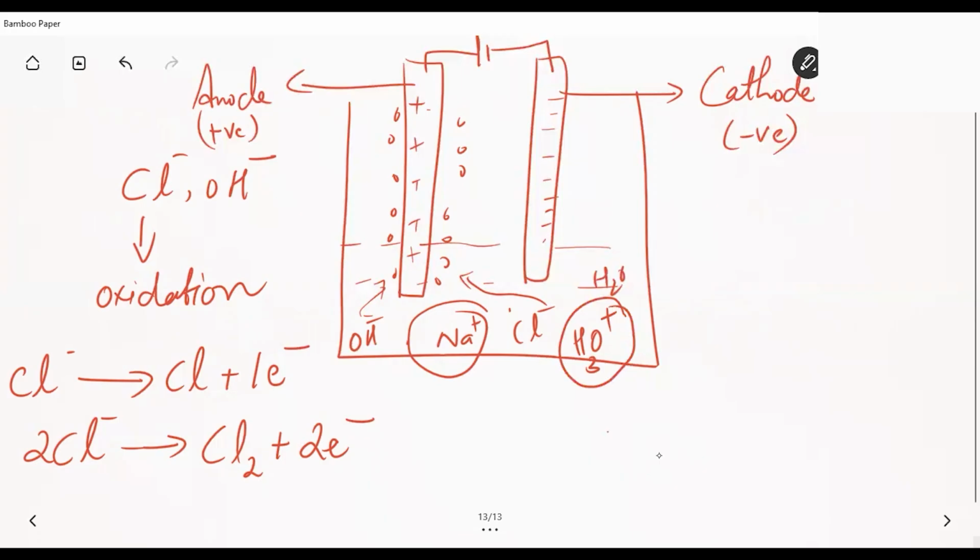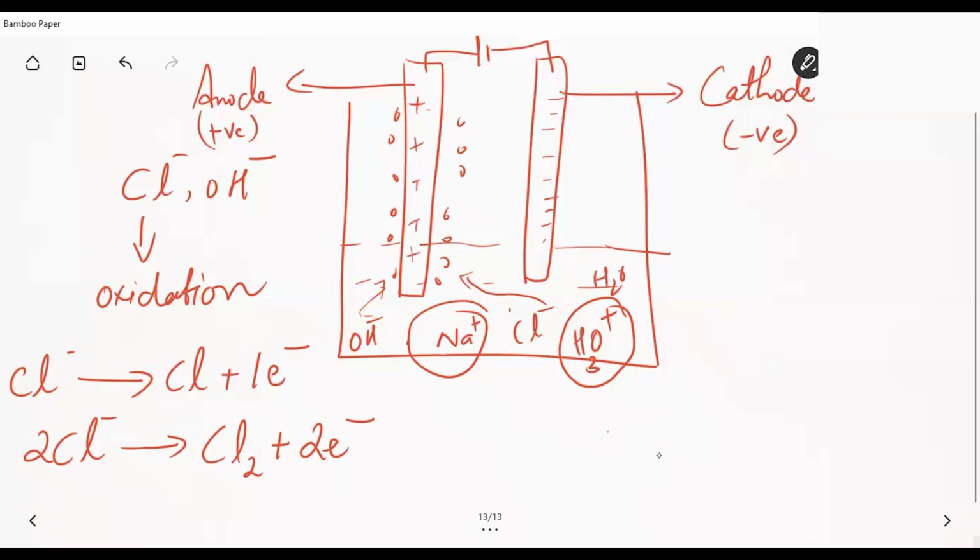But here there is another twist. I told you that there is some twist here. The twist is that there will be competition between sodium ions and H3O plus ions. But the real one who is going to attack the cathode is not Na plus and H3O plus ions. It is our water.